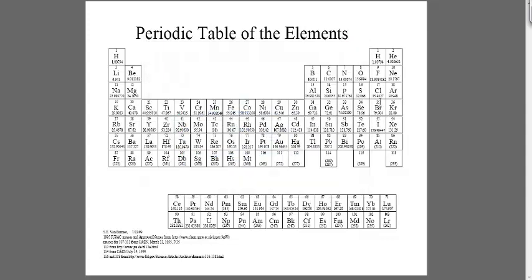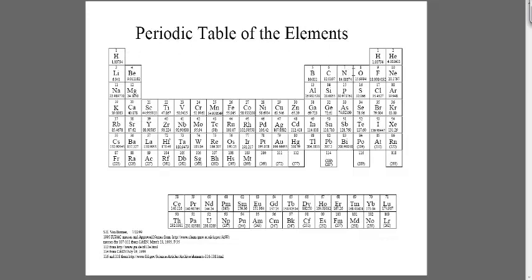So when I'm looking at the periodic table, what I'm actually seeing is a pattern that's going to help me to memorize the diatomic elements. Hydrogen, nitrogen, oxygen, fluorine, chlorine, bromine, iodine. Notice that number 7, oxygen, fluorine, chlorine, bromine, iodine, make the shape of the number 7. So in all, there are 7 diatomic elements.